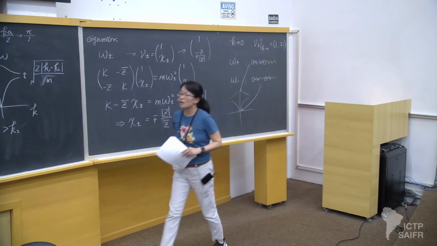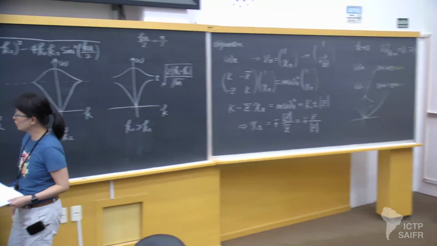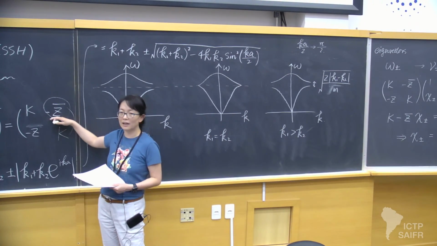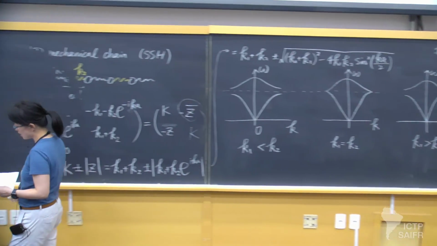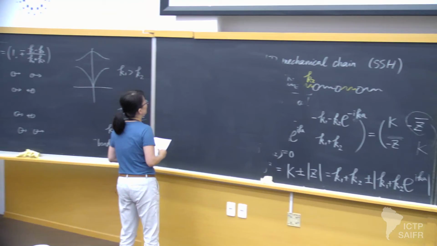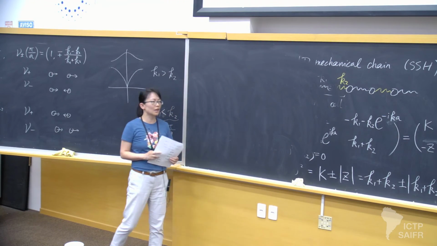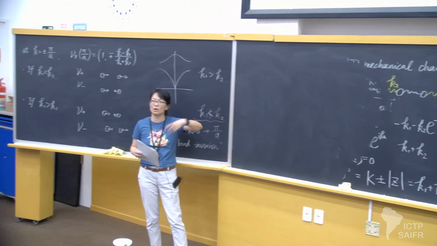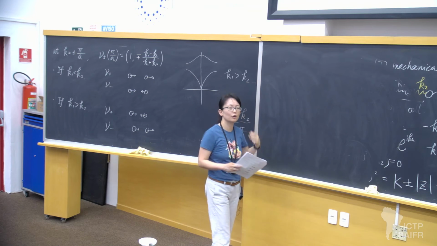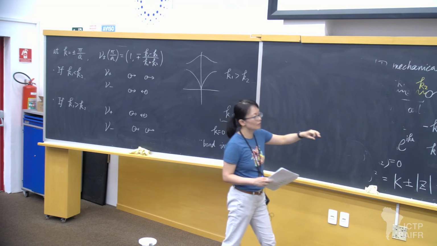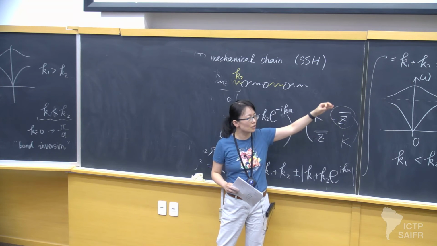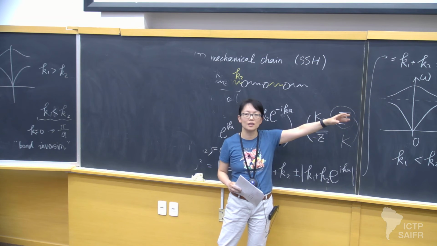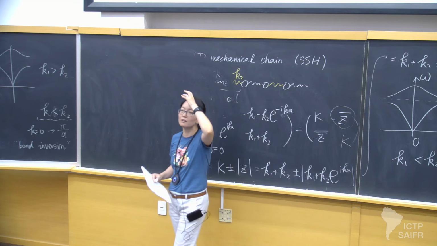Just use this one. So as we just talked about, everything is controlled by this complex number, z, right? So let's think about how this z varies as a function of k. As you go around the Brillouin zone, what happens to this complex number z, the off-diagonal part of this Hamiltonian, which controls the phase of the eigenvector?